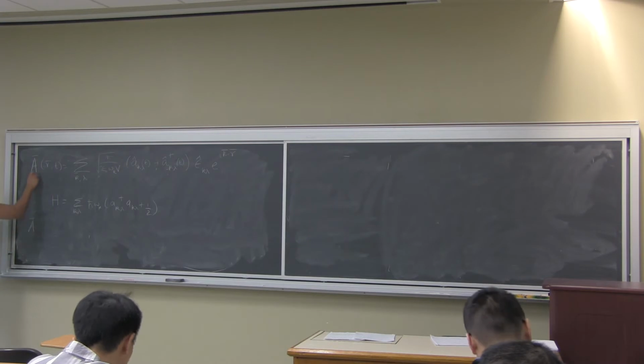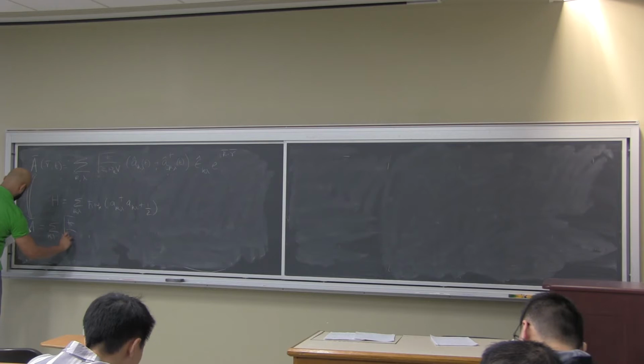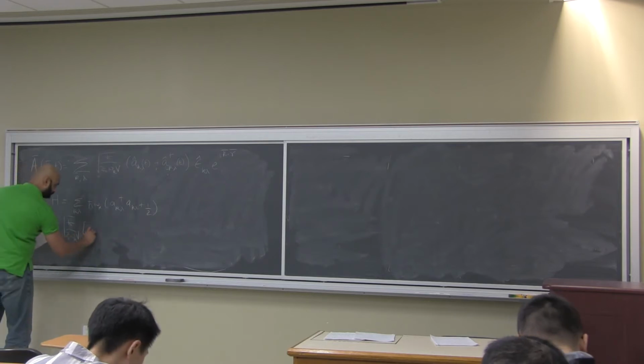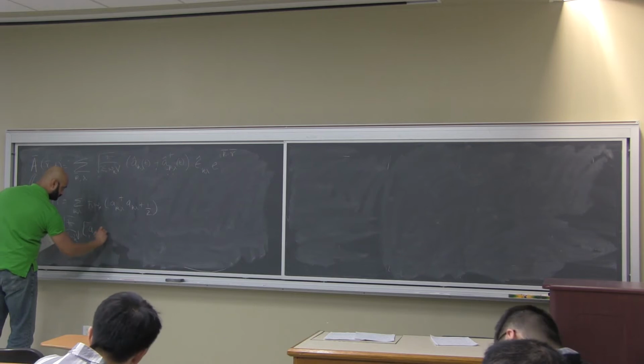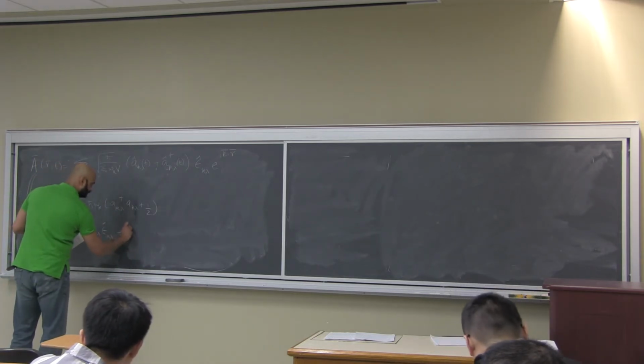So this is equivalent to a sum over kλ of the square root of ħ over 2 ε₀ ω_k V, times a_kλ ε_kλ e to the i k·r.